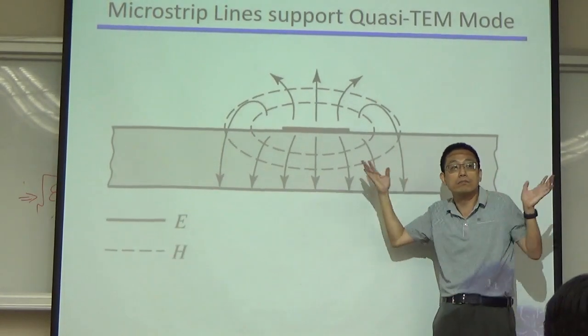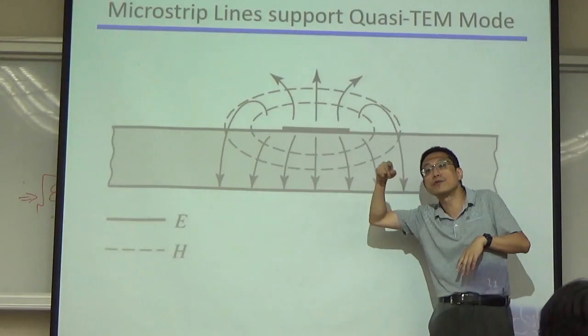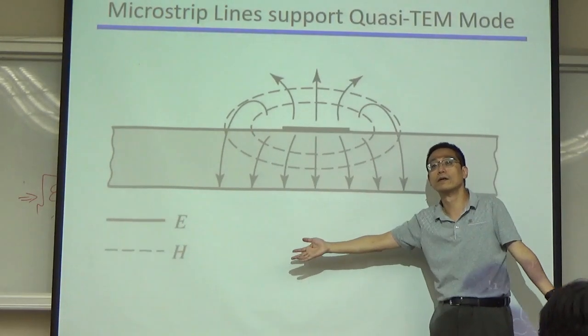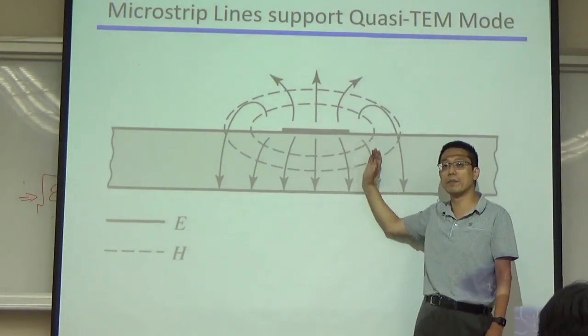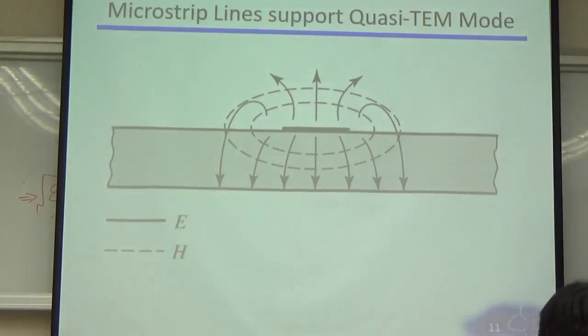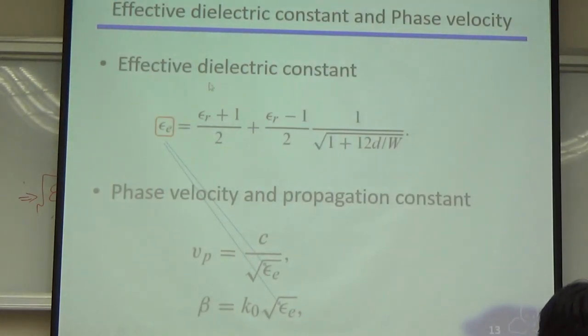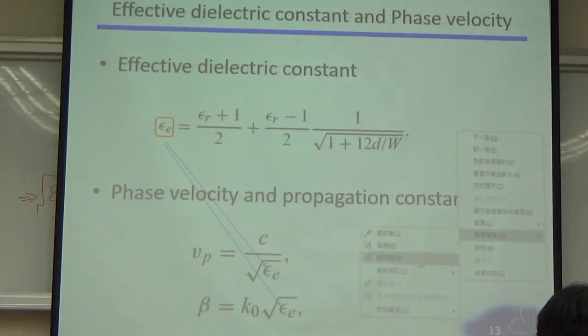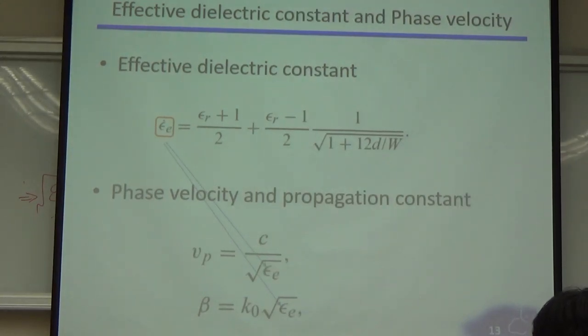If you're leaking, the geometry is different. That's why epsilon E is different. Epsilon E is relevant to the geometry, not only the material. That's why you use an effective dielectric constant. This is the most important part of our microstrip transmission line.